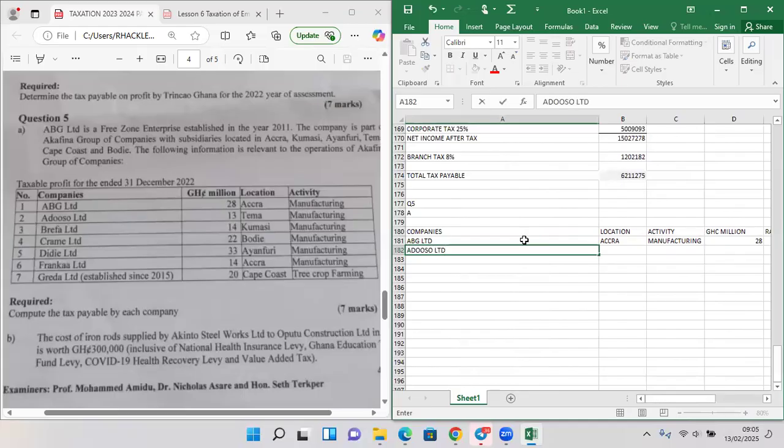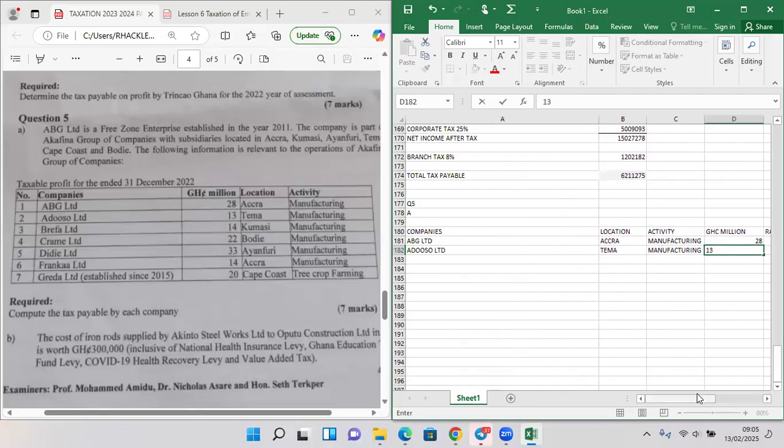The next one is Adorso Limited, located in Tema, manufacturing. Its profit is 13.